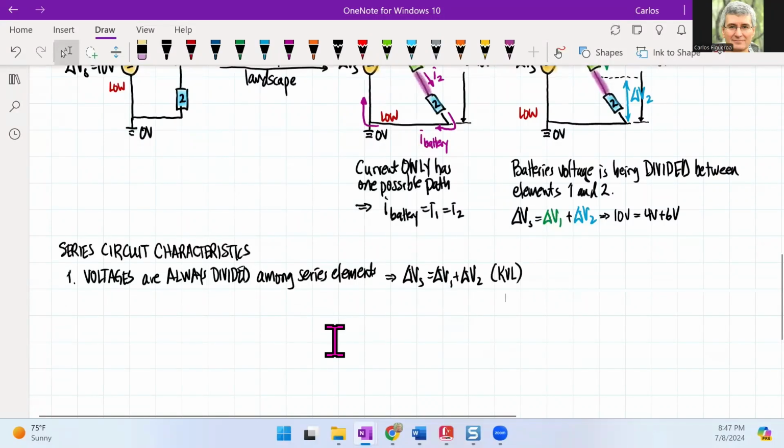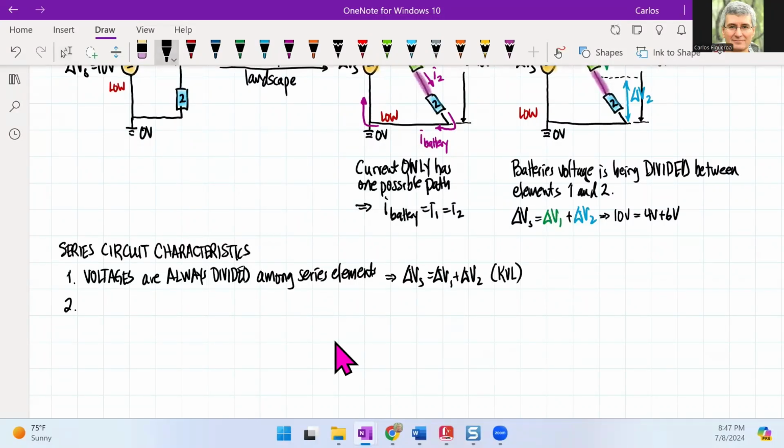The other thing is that there is only one path for current to take.